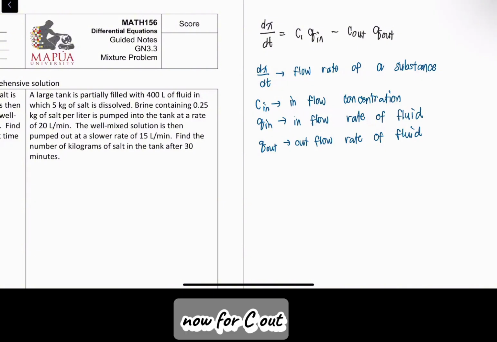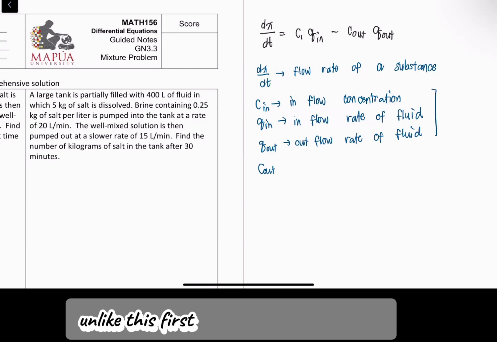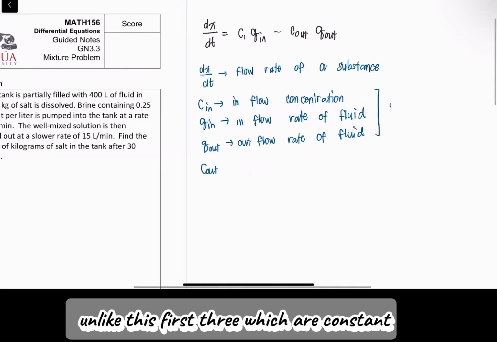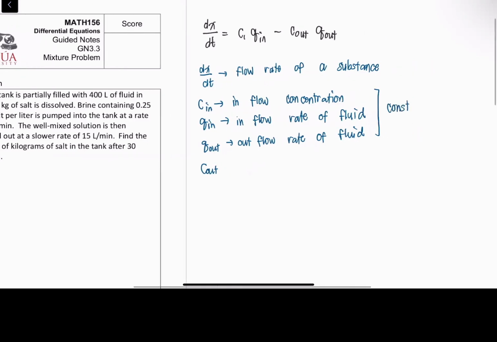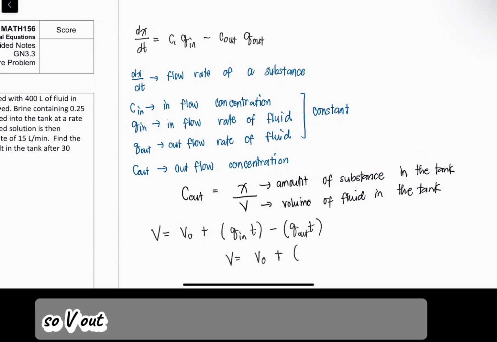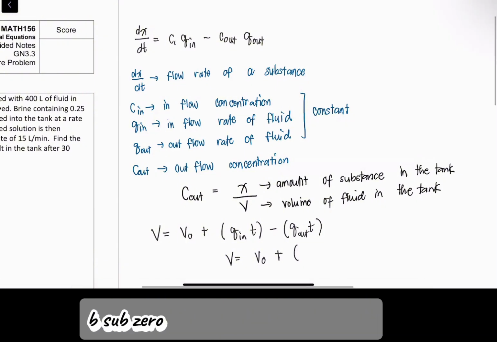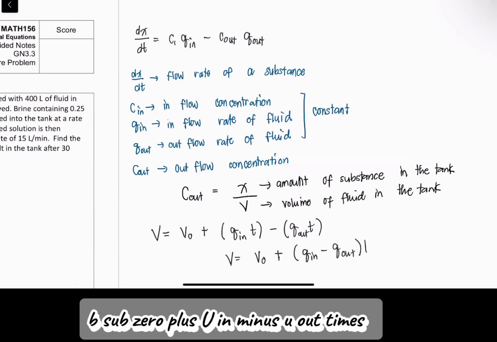Now for C out, unlike the first three, which are constant, the volume should be Q in T minus Q out T. So V, or the volume, is equal to the initial volume V sub 0 plus Q in minus Q out times T.